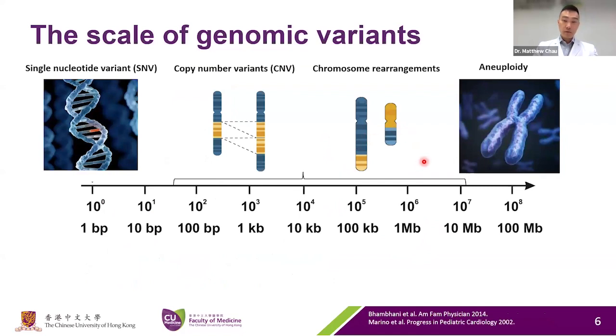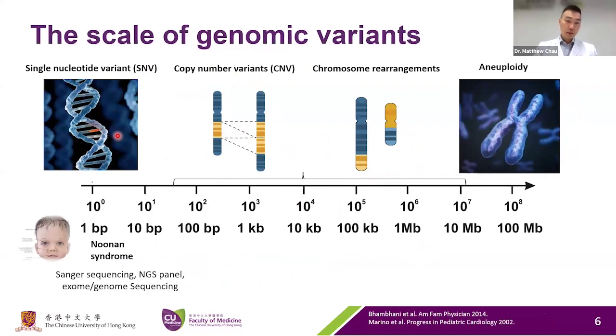So the scale of genomic variants varies from those that affect single nucleotides, all the way to those that affect hundreds and thousands of nucleotides, to entire chromosomes. And we know typically even single nucleotides in important genes can also lead to very severe consequences.